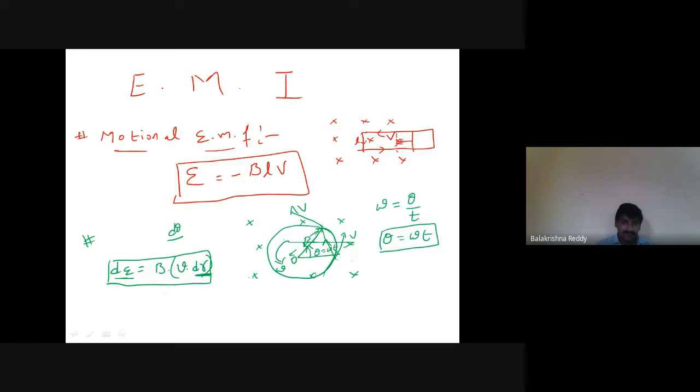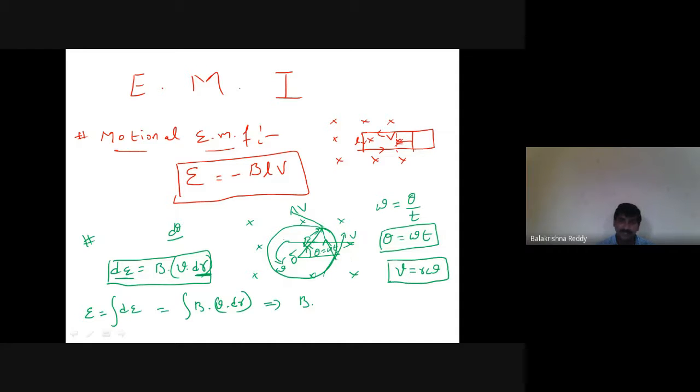For example, if the rod completes the circular motion, then the total EMF produced by the rod moving in a circular path about a point O can be written as integration of dE, which is E, equal to integration of B into V into dr. Now further, B is common. In place of V, we have a relation between the angular velocity and linear velocity: V equal to r omega.